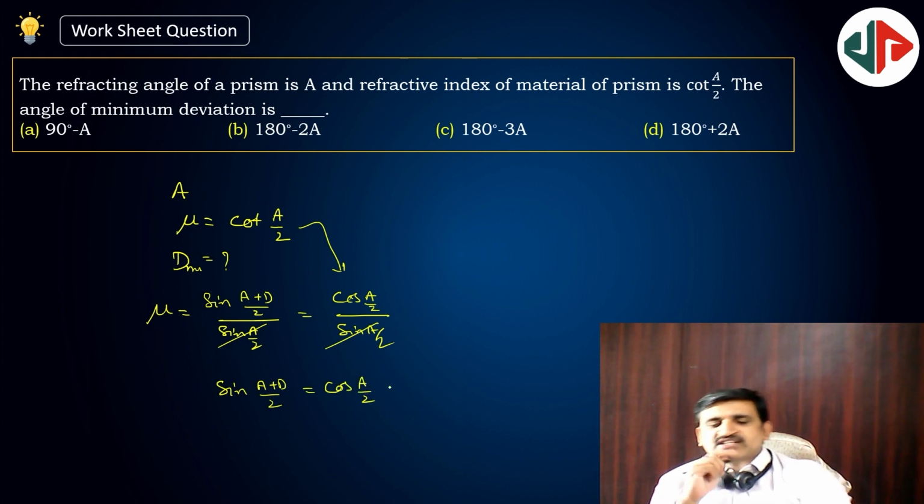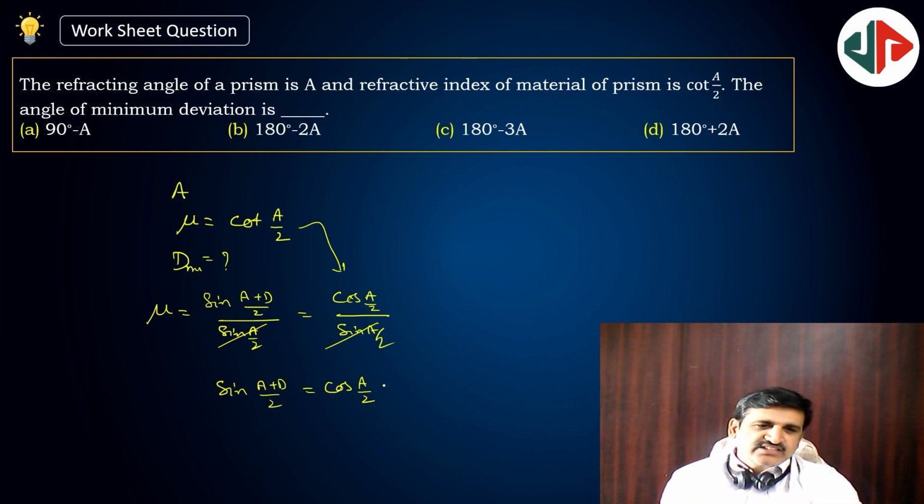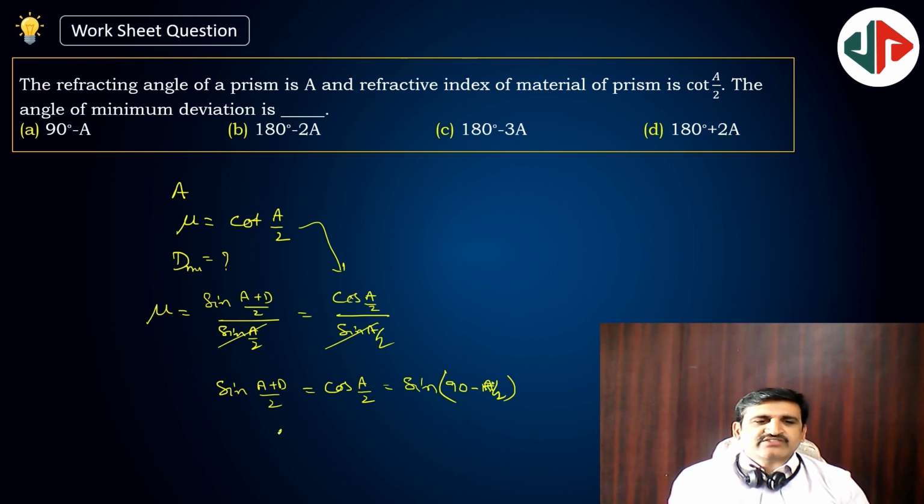What kind of changes can we do with this? Sin theta is equal to some cos theta. Both can be converted into sine functions like this. This is sine of 90 minus A by 2, right? 90 minus A by 2 will be obviously cos A by 2. Now first one and last one are sine functions only. A plus D by 2 is equal to 90 minus A by 2.